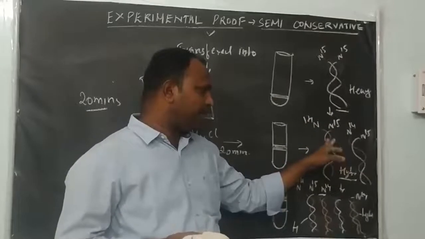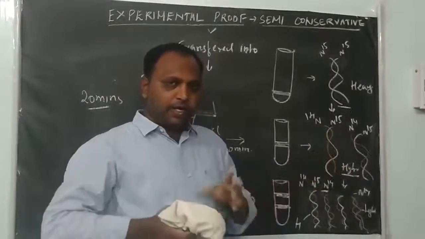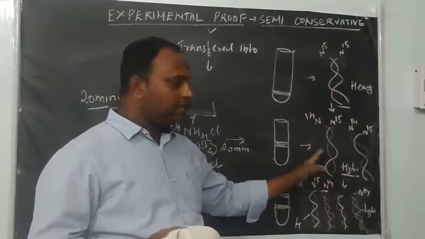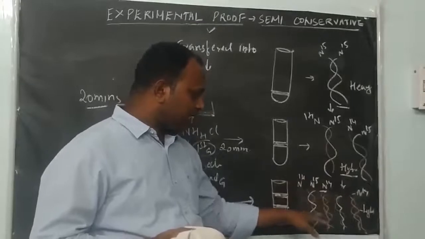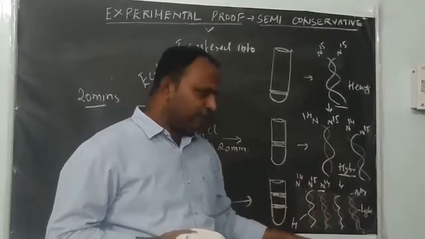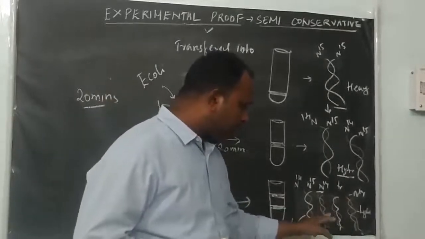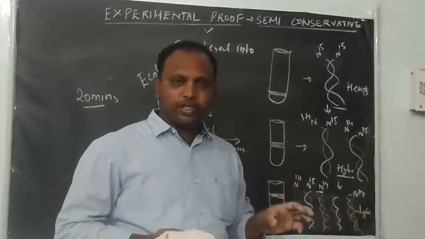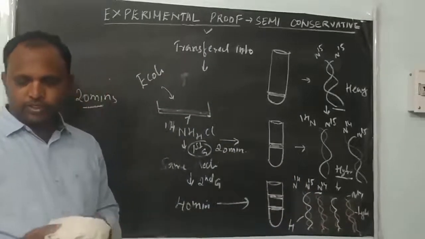But here one strand contains N15 and one strand contains N14, so it is intermediate between heavy and light. That is why we say hybrid DNA. Both strands act as template, so we get 4 molecules. In those 4 molecules, 2 are hybrid and 2 are lightweight DNA, with both strands N14.